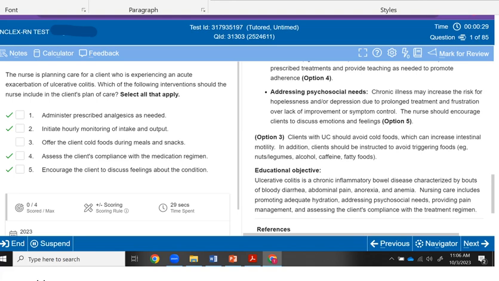Clients with UC should avoid cold foods, which can increase intestinal motility. Whew, I didn't even know that. In addition, clients should be instructed to avoid trigger foods like nuts, legumes, alcohol, caffeine, and fatty foods. I don't think caffeine's ever good for anything. But let's go on to the next question.